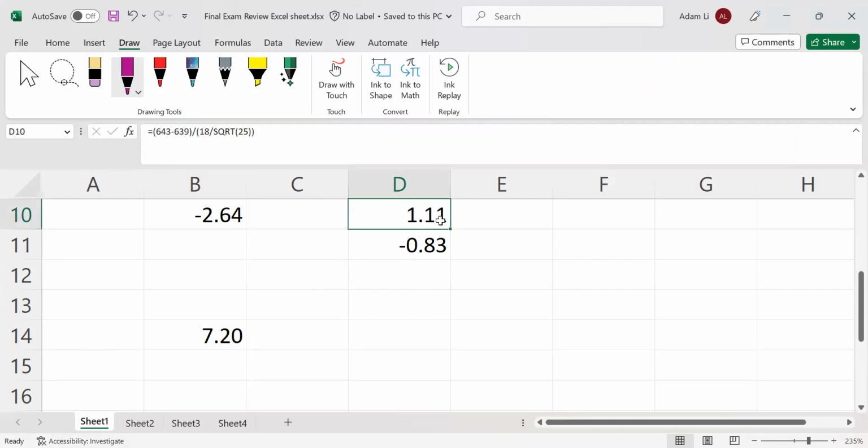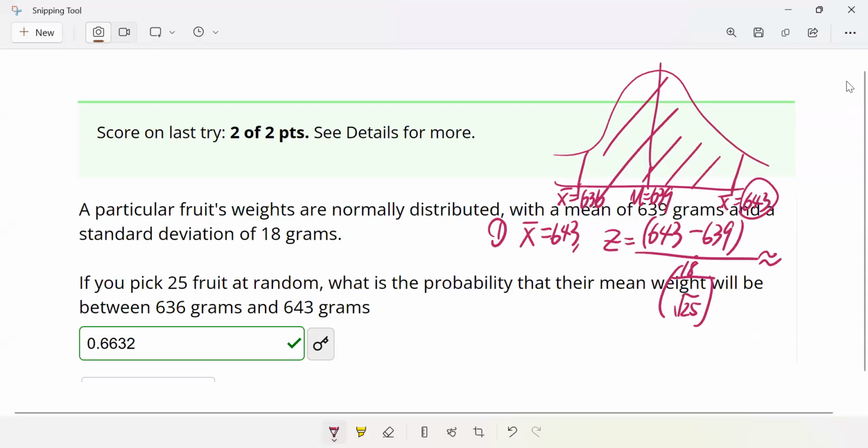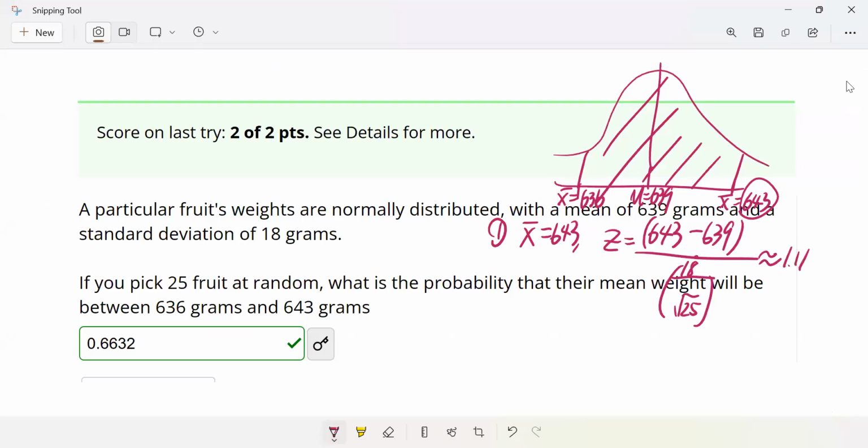So we get 1.11, right? That's for the bigger z-score. And for the smaller average weight, 636, the z-score is 636 minus 639 over 18 over radical 25.